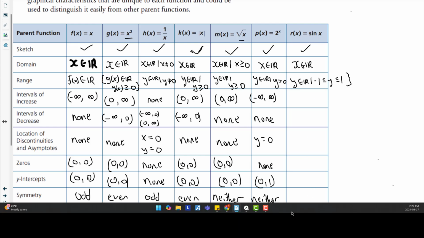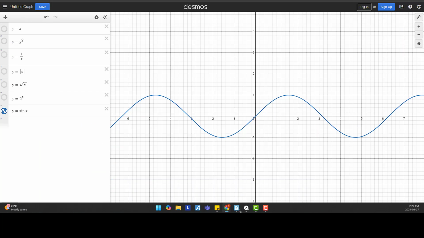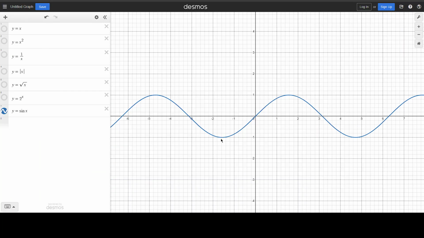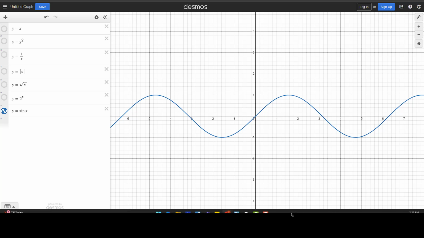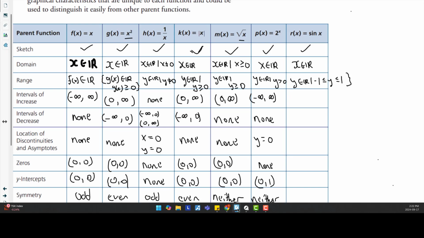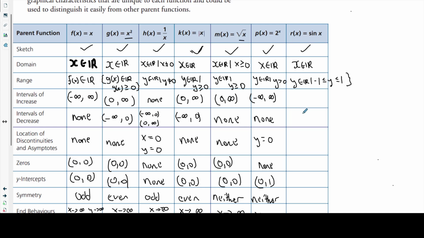Intervals of increase. So this is interesting here because your increasing intervals are from the minimum point to the maximum point. Then you skip the middle part when it's going down, but then you have another interval of increase from the minimum point to the maximum point. And it repeats forever. So that is a little bit difficult, but I'm going to tell you exactly how to write that down.